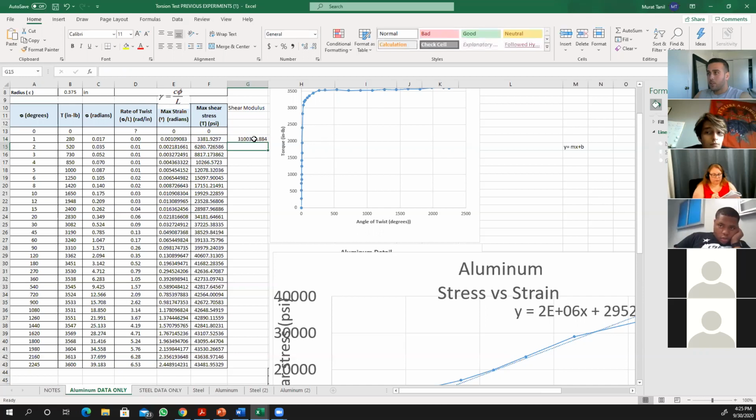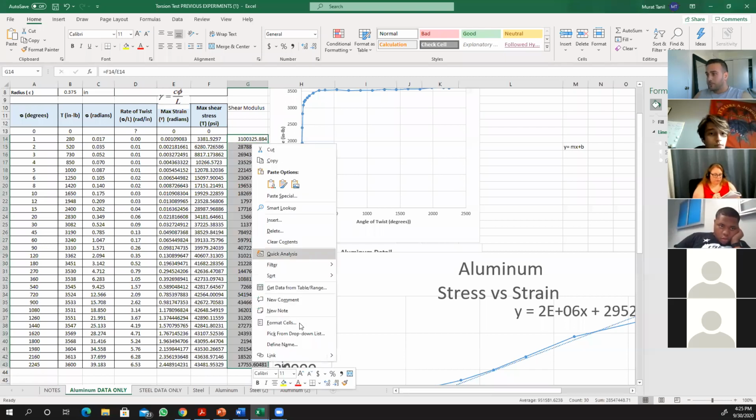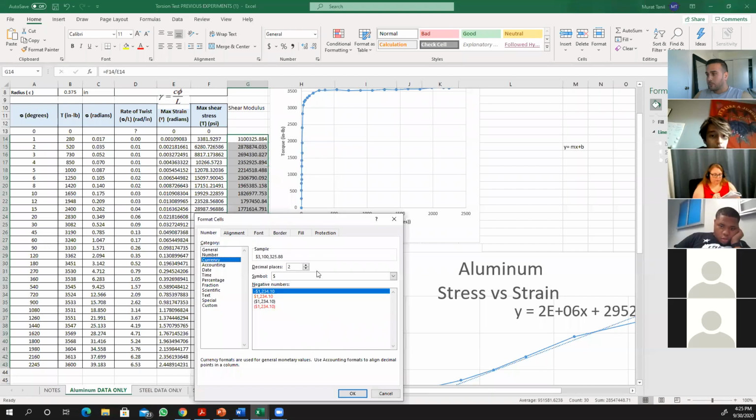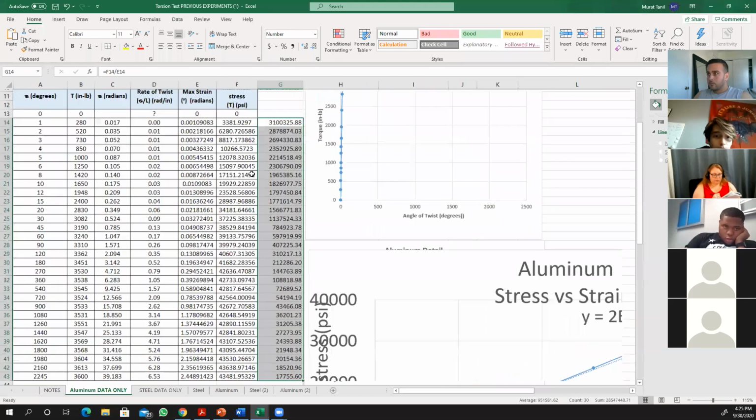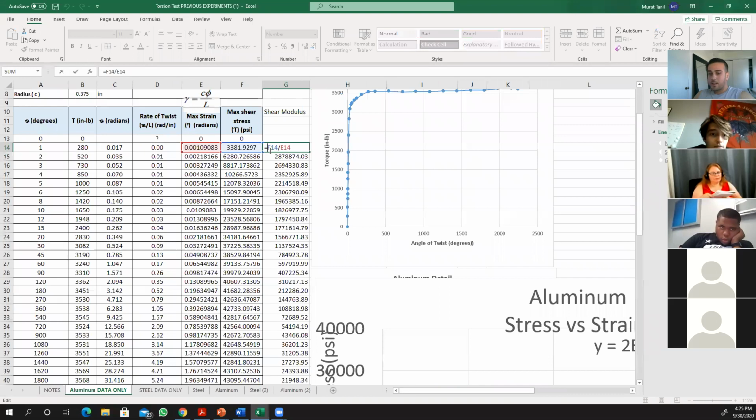So I skip that change and I go down. I'm going to look at these numbers closely. And they are in PSI, right? I'm going to make them in KSI just to analyze it better.